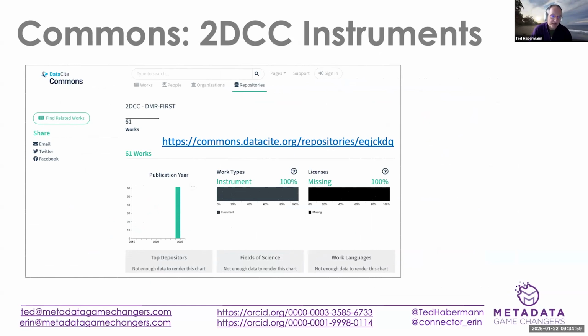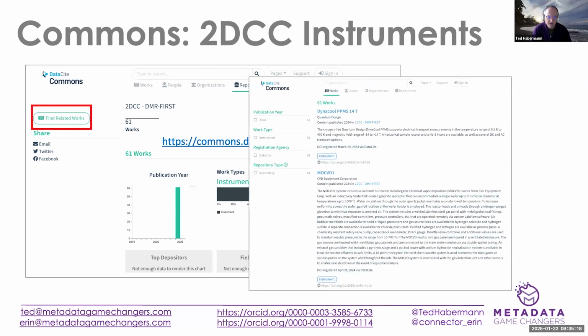So here I'm looking at the repository, which is 2DCC. We can see the histogram that they've published 61 instruments in 2025. And if we click on find related works, we take advantage of the connections. We find the works in this case, and instruments come under works because they have DOIs.